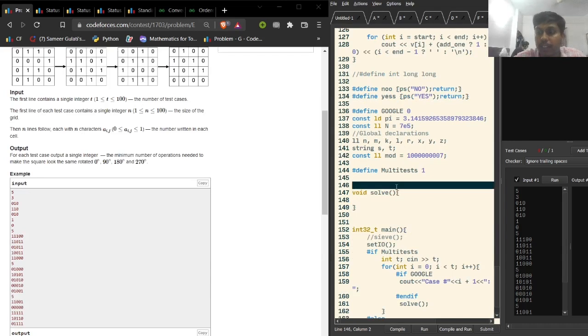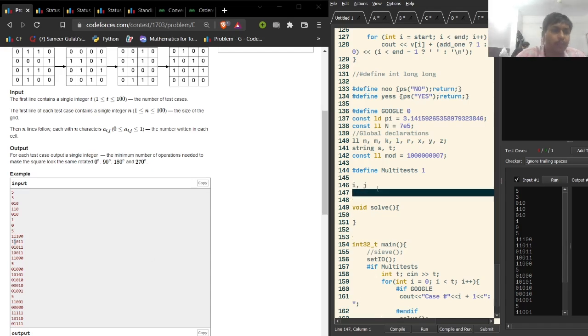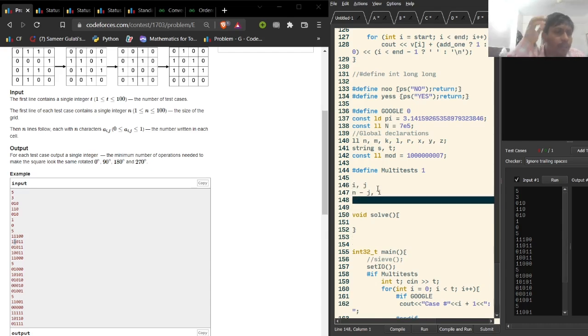So let's say I was at i comma j, where would I go? So if I were at 1 comma 1, no, let's not take 1 comma 1, let's take some value in the middle. If I were at 2 comma 2, after rotating 90 degrees, okay, I think I understand. From i comma j, you would go to n minus j comma i, is it? Probably, right?